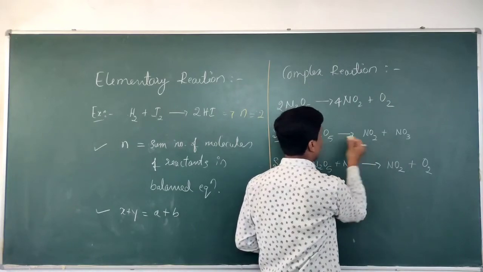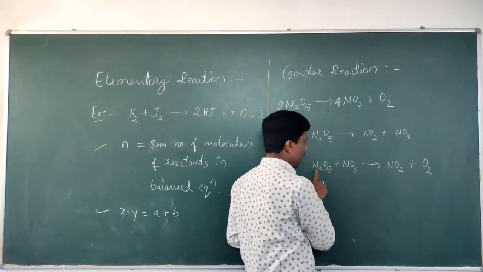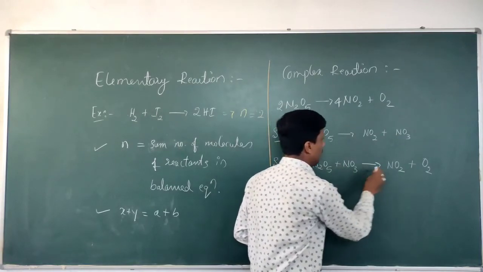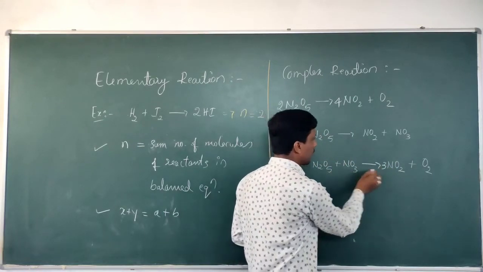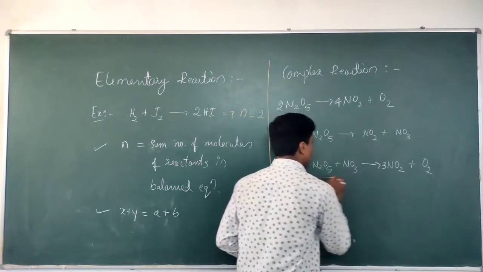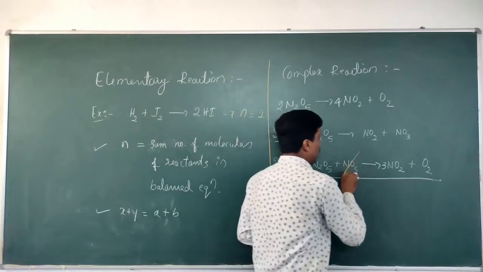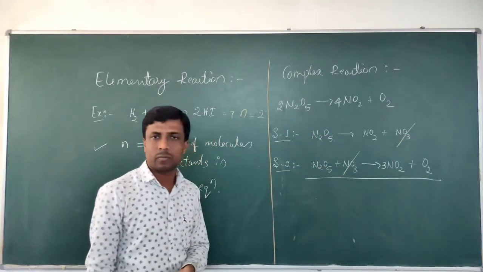To balance the second step, what you have to do? 2N's plus 1N, write 3 here. 5 plus 3, 8. 3 into 2, 6 plus 2. Okay, it is balanced. Under the overall step, along add NO3, NO3. The left hand side is cancelled by the right hand side.